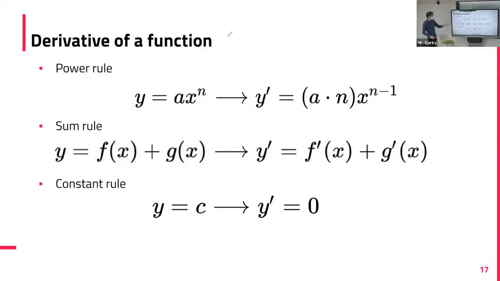That's enough for us to do lots of different stuff with our total cost and total revenue and find those maximums and all kinds of stuff. Questions about these rules?